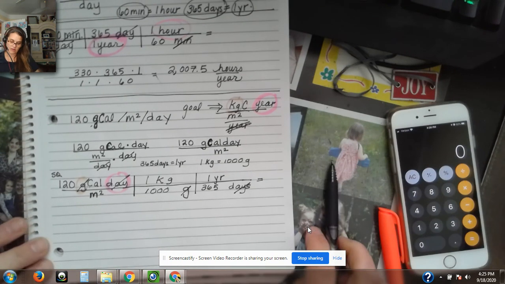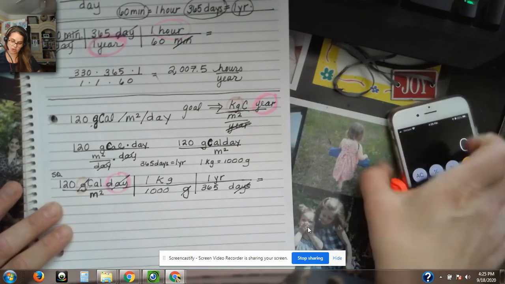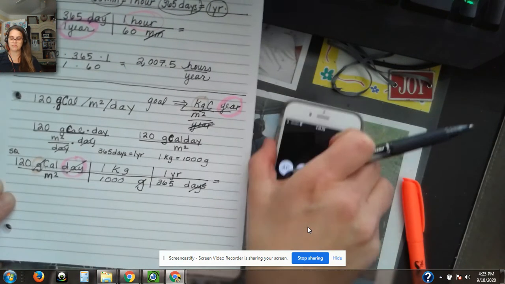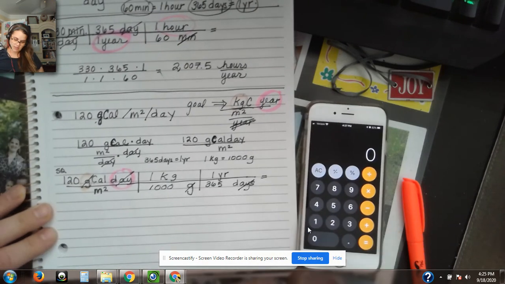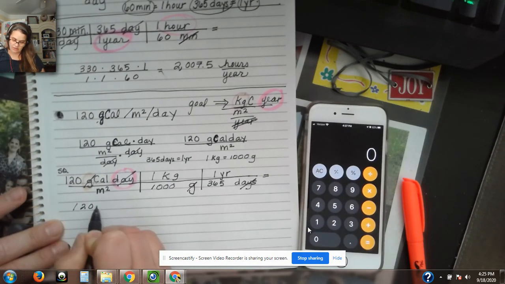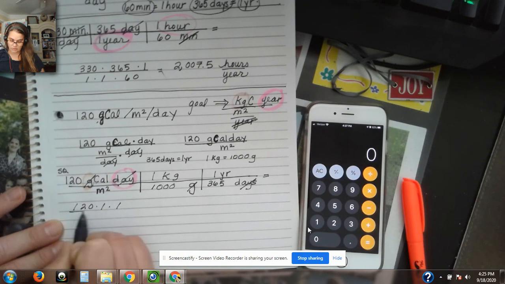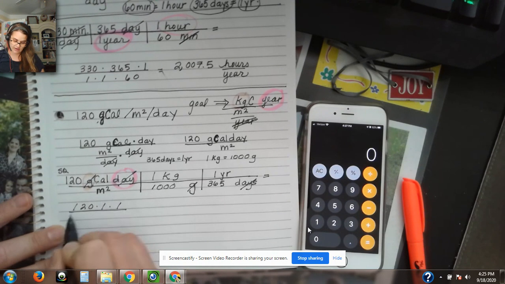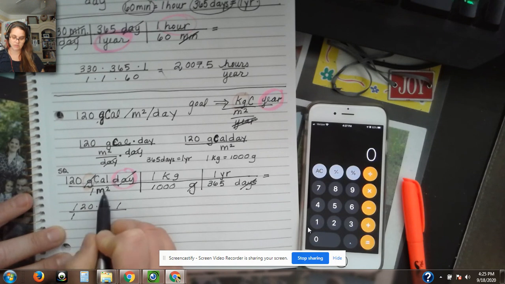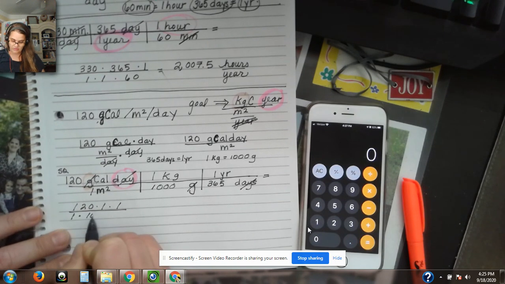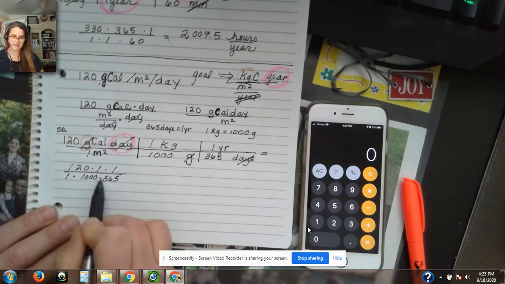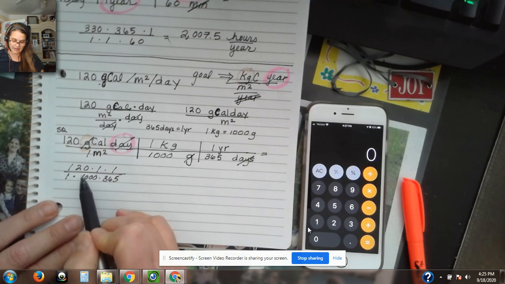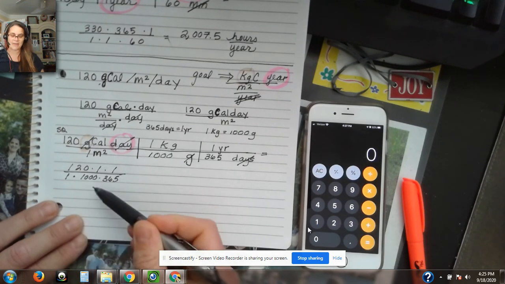Okay, so in the calculator, this is really good to talk about. Technically, this is 120 times 1 times 1, which we all know is 120. It is divided by 1, because there's 1 meter squared, divided by 1,000, divided by 365. I'm saying divided because it's in the denominator.